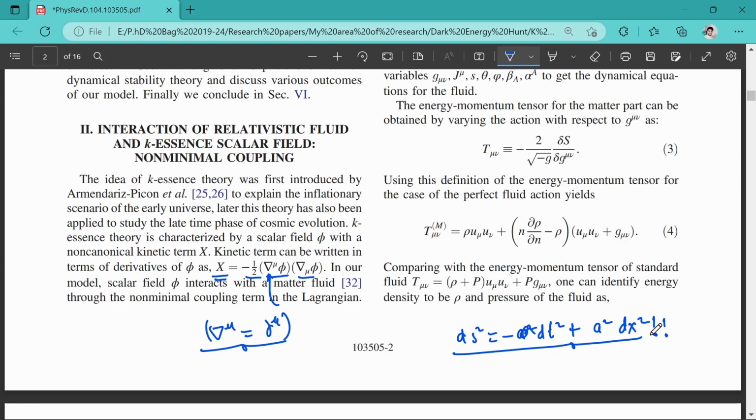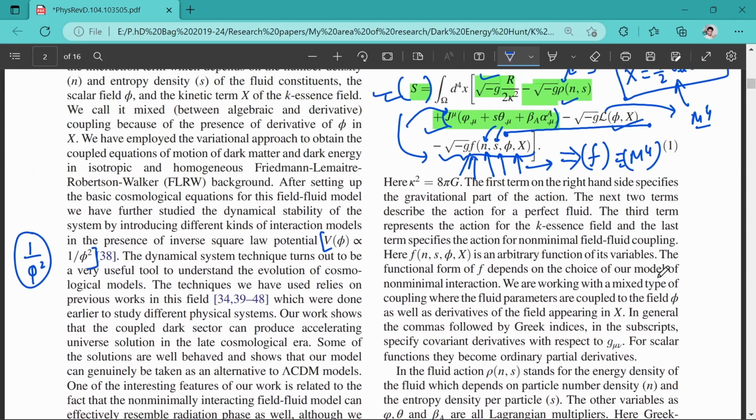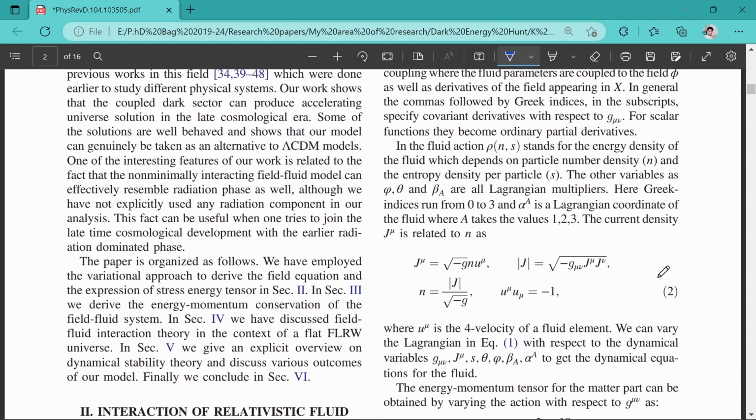Now, what is the interesting thing about the fluid? The interesting thing about the fluid is the current density. This current density is defined in terms of the fluid velocity, which is labeled as u mu, and here u mu we have taken as (1, 0), meaning it has a time component and there is no space component.